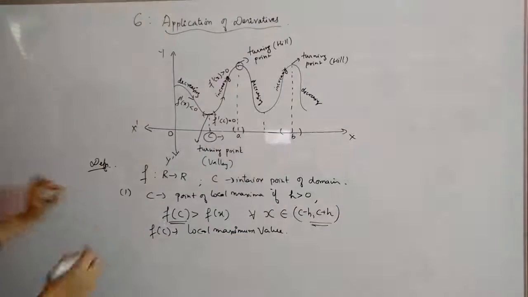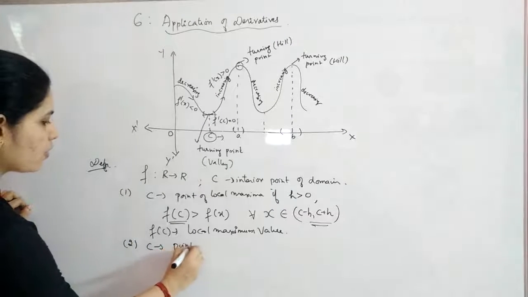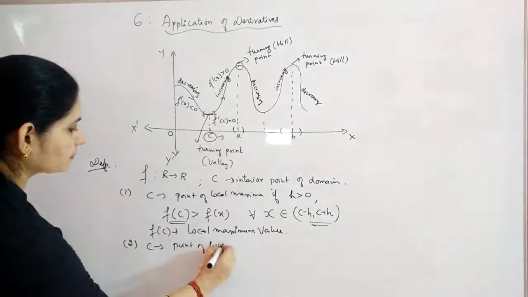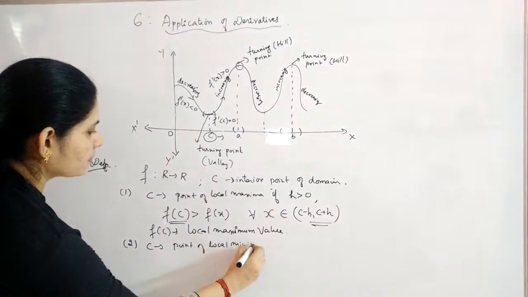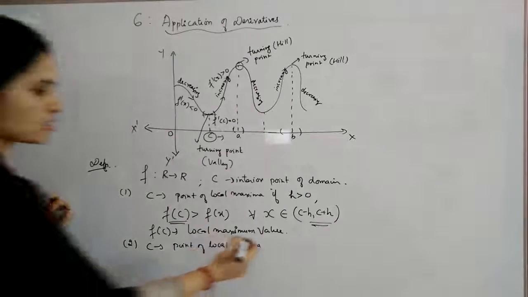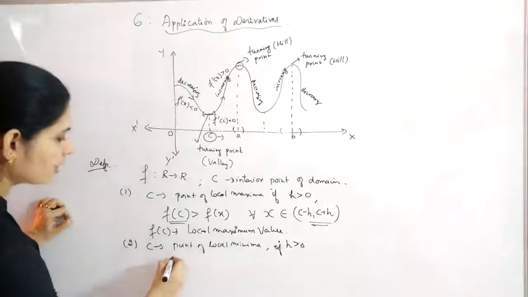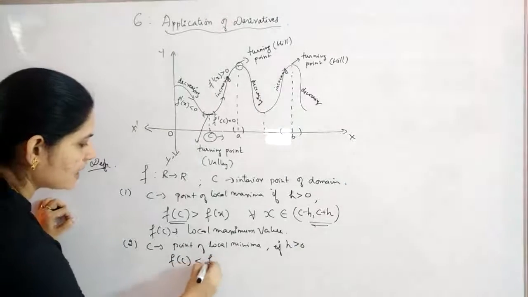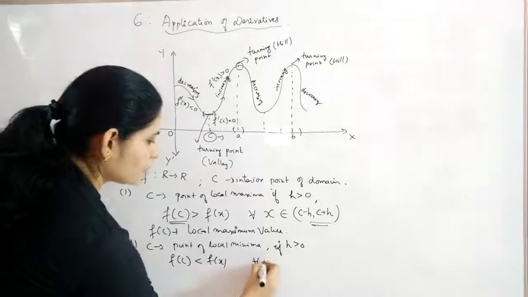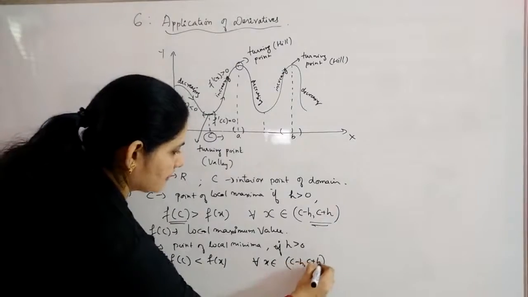Understood? Now the second thing is when you will say that c is a point of local minima. Again, if you have an h greater than 0 with f of c less than f of x, whenever this x is in the small interval containing c.